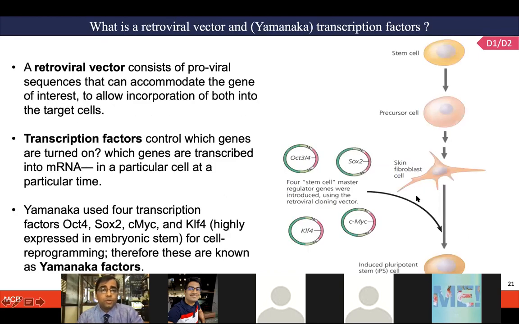So one more question here is about the retroviral vectors and the Yamanaka transcription factors, which Dr. Shinya Yamanaka described, right? So these vectors, in a crude way, are like a car, right? When you are sitting in a car, it will take you from point A to B. Likewise, these vectors from bacteria or viruses are like those plasmids, which I probably have explained briefly in the prokaryotic context.